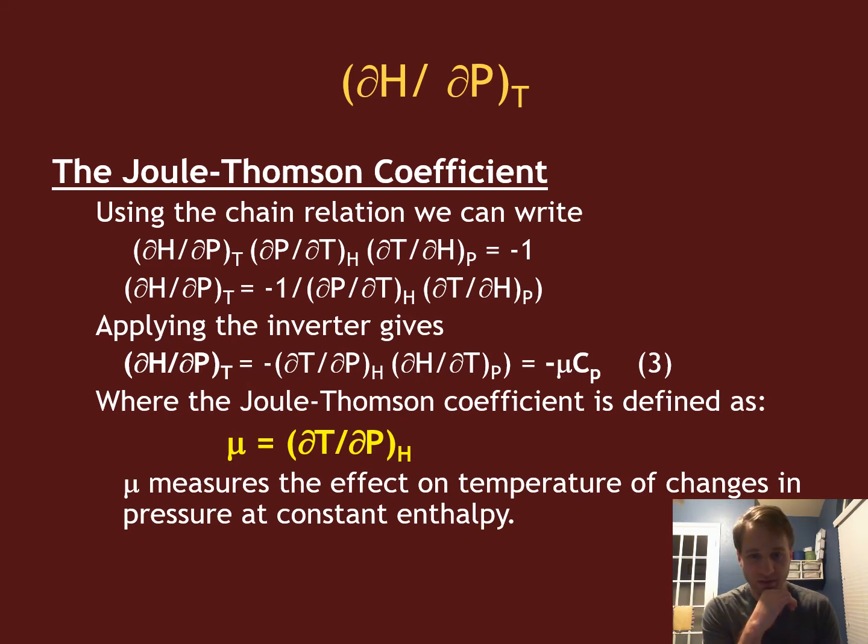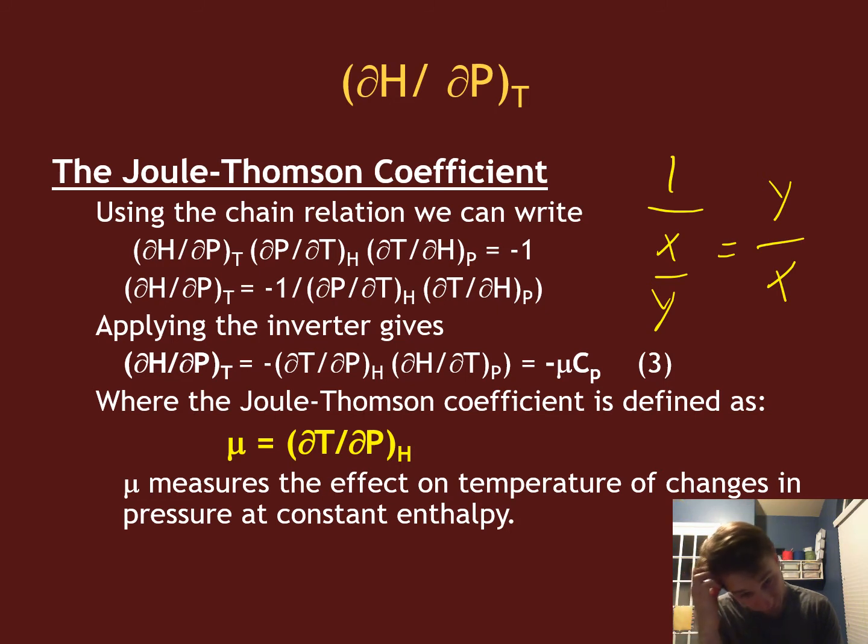We're then going to invert these partial derivatives. So we'll invert both of these, and we'll get del T del P at constant enthalpy and del H del T at constant pressure. Basically, all we used is that 1 over x divided by y is equal to y divided by x.